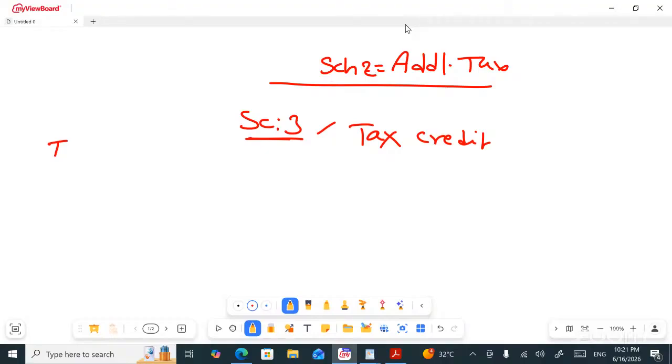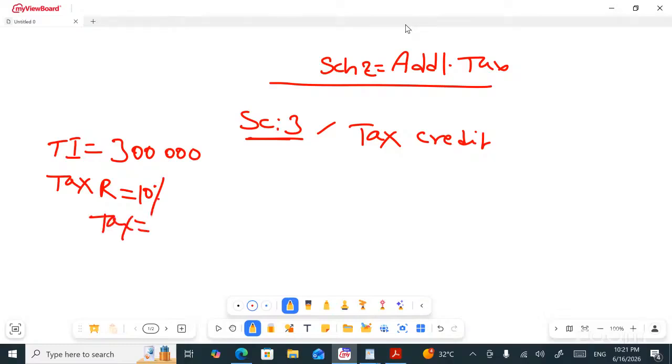In our example, taxable income, say 3 lakh, tax rate, say for example 10%. So the tax amount is 30,000. Even though the tax amount is 30,000, you need not pay this entire 30,000. Still, some more deductions are allowed.